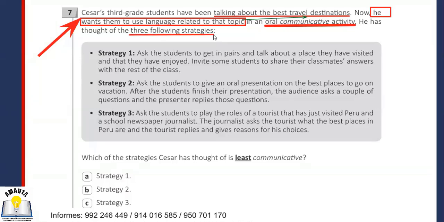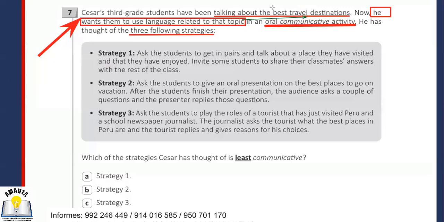Let's read the strategies carefully, my dear teachers. First one. Remember Cesar's purpose. He wants his students to use language, real English, related to this topic, the context is travel destinations. Remember that.